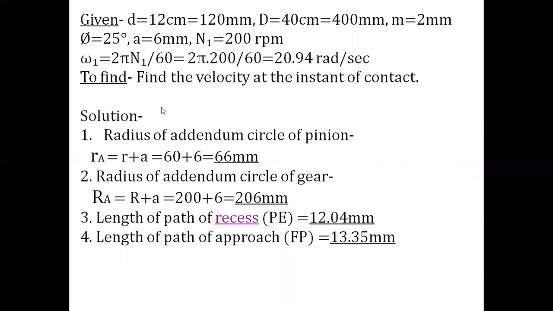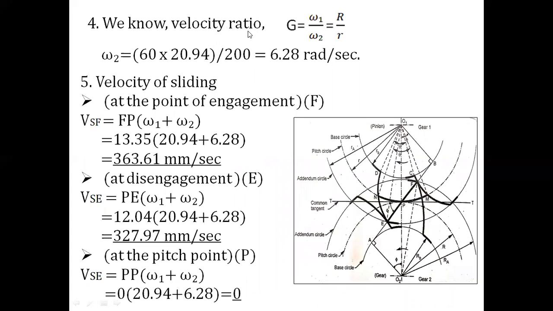Okay, here now velocity ratio. In the previous session, we have already discussed what is gear ratio or velocity ratio. It is the ratio of the speed of the driver to the speed of the driven, the speed of the driver wheel to the speed of the driven wheel.